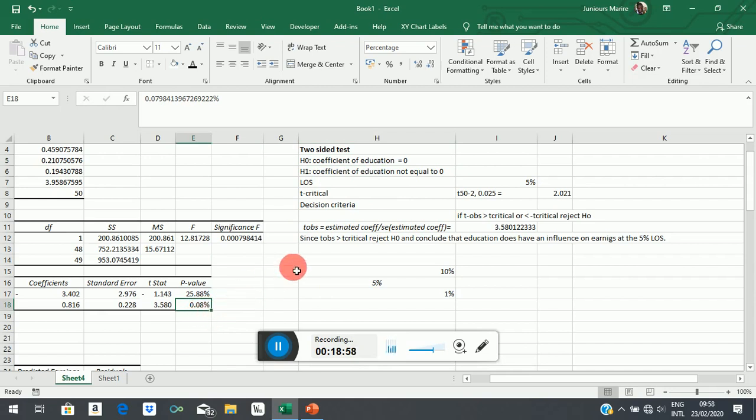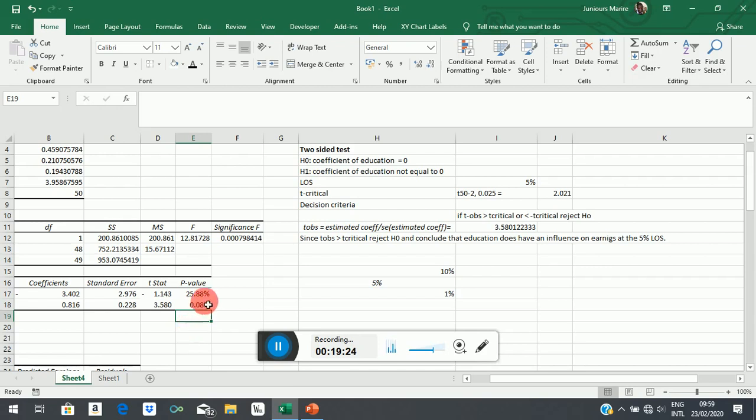So we can say reject the null hypothesis because the p-value of 0.08% is much smaller than 5%. Okay, so there is strong evidence to suggest that education has an effect on earnings. Essentially, that's the idea.